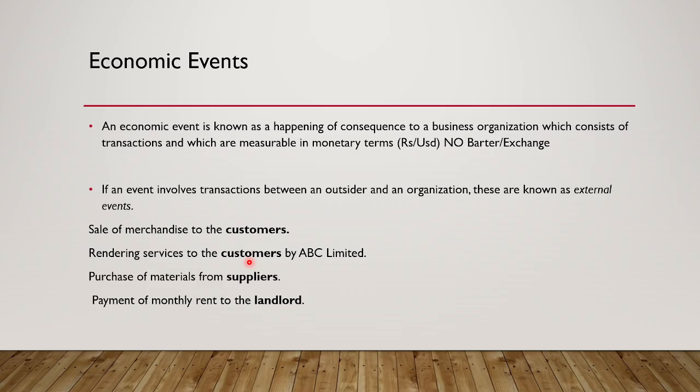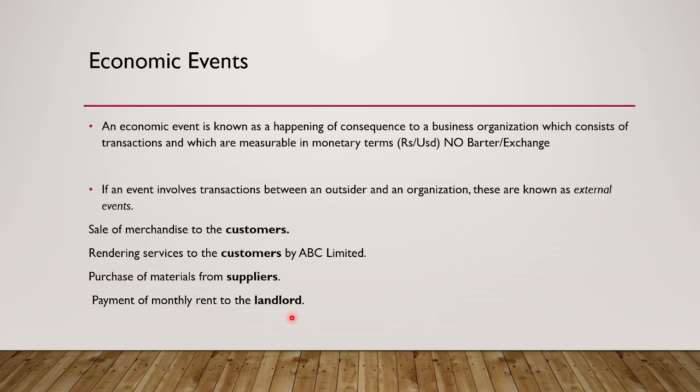Then at the place where I do this business, I have to pay the rent, like how you pay rent for your home, same way you pay rent for the factory place. You are paying the rent to the landlord, so that is also an external event.